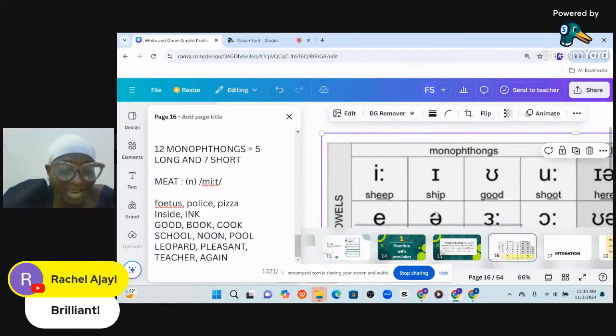The first A in that word makes the schwa sound. Close your mouth and say again. Again. Now the next sound I have is a long sound, and Americans articulate it with an R.